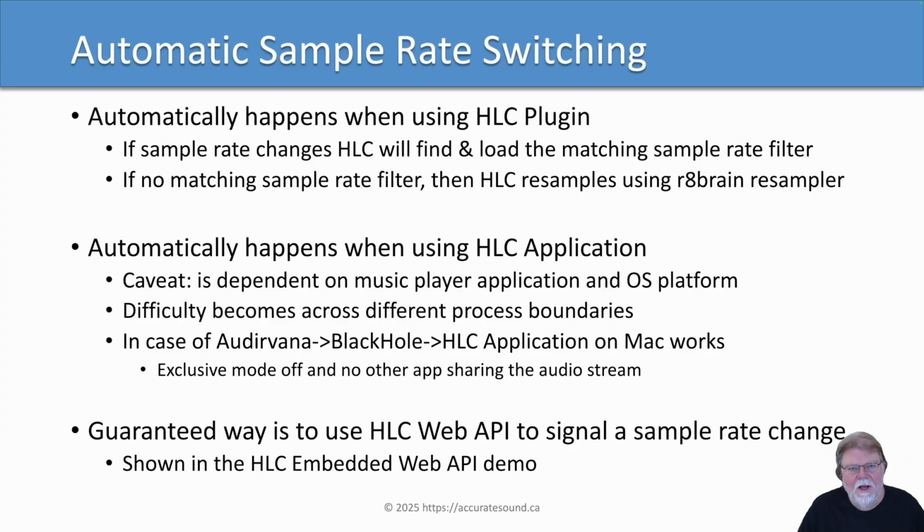With the new sample rate, HLC will look to find a matching sample rate filter, and if it finds one, it will load it automatically. If it doesn't find one, it will resample the filter to match the sample rate that the host player is using. This is so that the frequency resolution of the filter stays the same regardless of what sample rate is being used, and I'm going to talk about that in another YouTube presentation shortly.